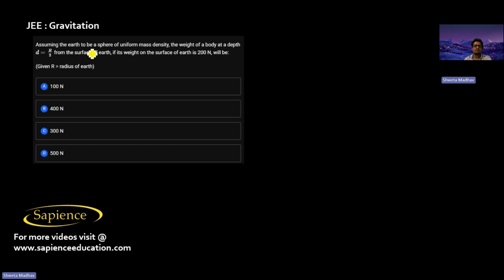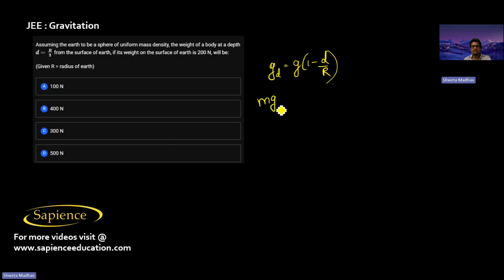It is told, assuming the Earth to be a sphere of uniform mass density, the weight of a body at a depth d equal to r by 2 from the surface of Earth, if its weight on the surface of Earth is 200 Newton, will be? So the g value at the depth d is given as g into 1 minus d by r, where g is the value at the surface.